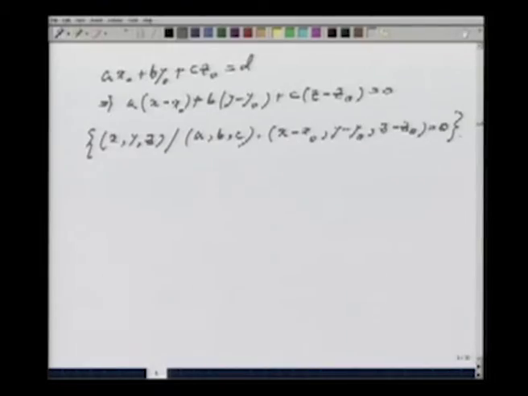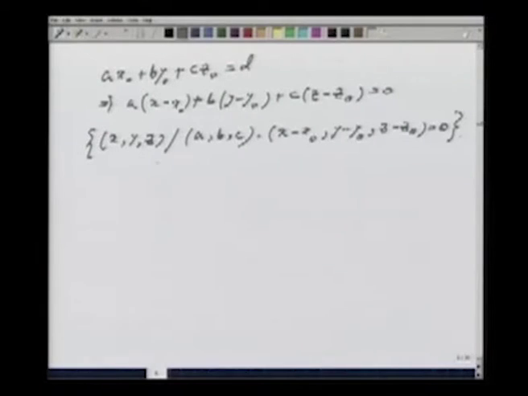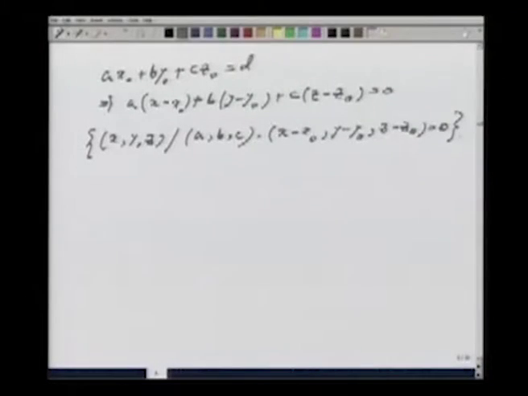So any plane actually looks like this kind of a set, where x naught, y naught, z naught is a point on the plane and A, B, C are some given numbers. So any expression of this form always gives me a plane. Now this formulation of a plane I am going to use. Now let us come back to the tangent line again. Let us see an example.